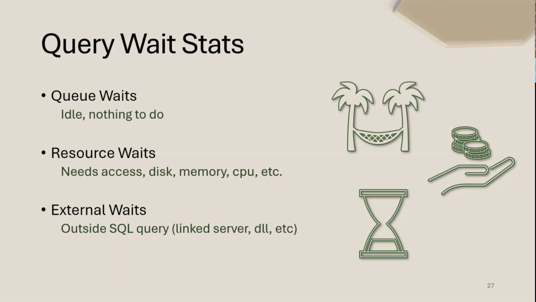External waits are when our queries are waiting for something beyond themselves. If it's a linked server query, it would be waiting for that data to come back from the other server before it could continue. It doesn't have insight into what's happening over on that server. Or maybe it's running a DLL to get data. These are all external waits.